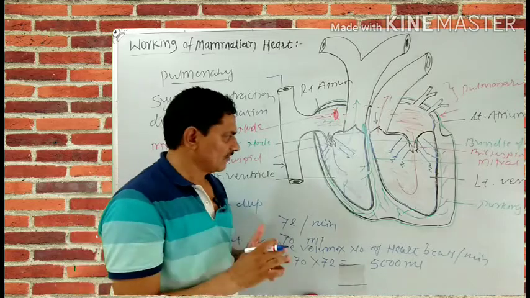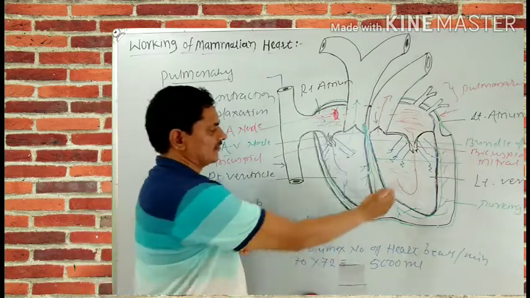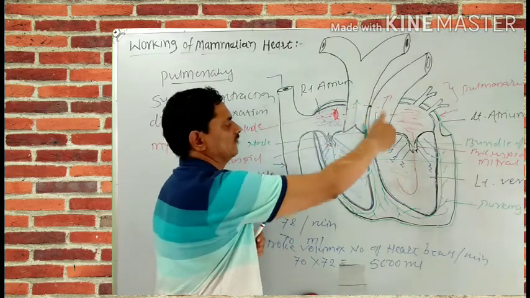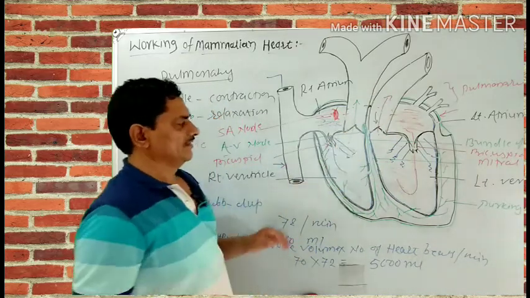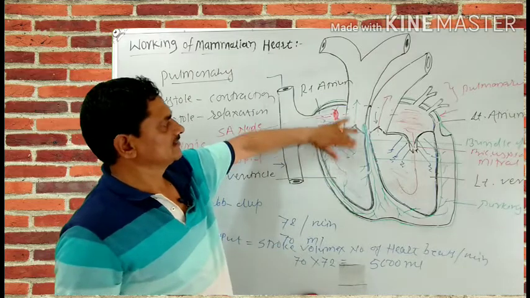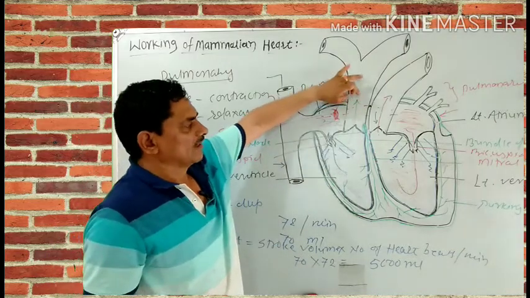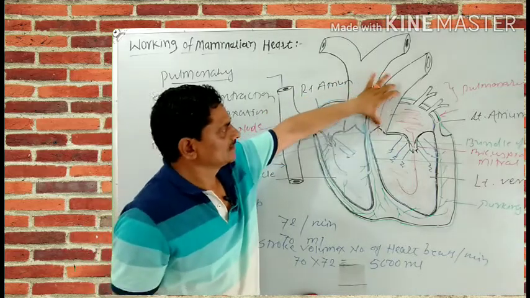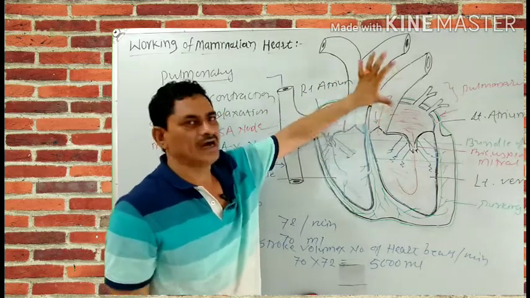When the ventricle contracts, the deoxygenated blood passes into the pulmonary aorta, and the oxygenated blood passes into the left aortic arch for the circulation.